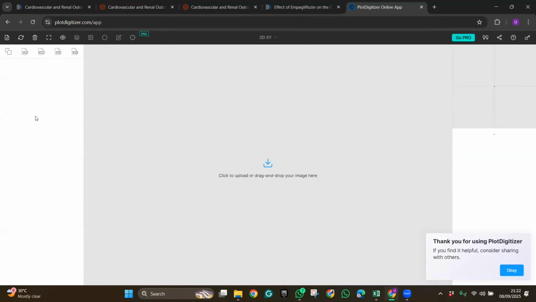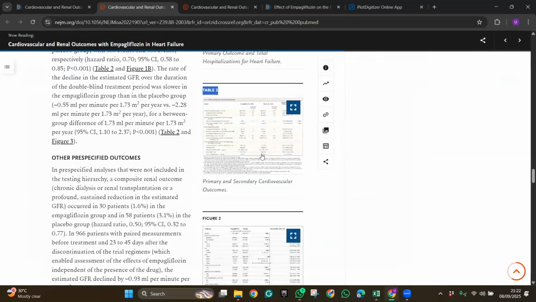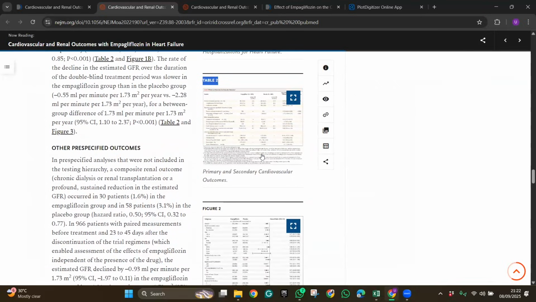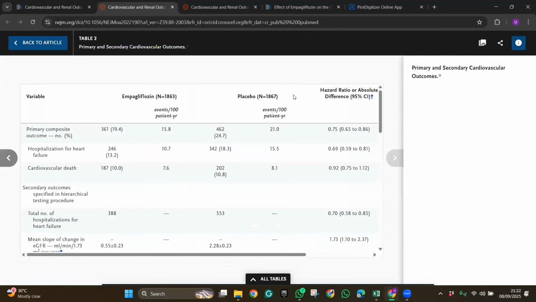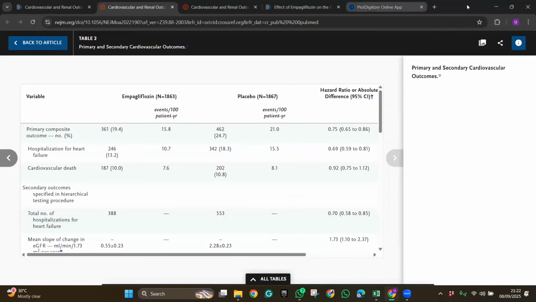How you're going to use Plot Digitizer is that you're going to open the study. Let's say it's this study, and there are some outcomes reported in the form of graphs. You're going to go to the graphs and take a screenshot. After you've taken a screenshot, crop it so that only the graph is shown. Then save that file.